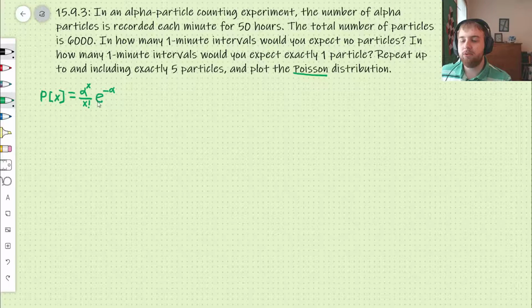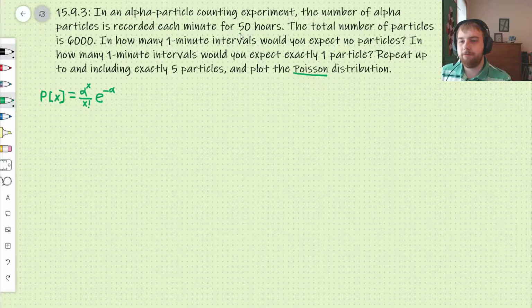There's one parameter for this. So our first order of business is to find this alpha. And this alpha is our expected value for the experiment, or mean value or average value, depending on which terminology you want to use. No relation to this alpha. That's just entirely coincidence.